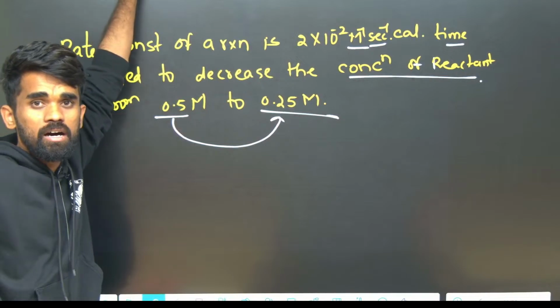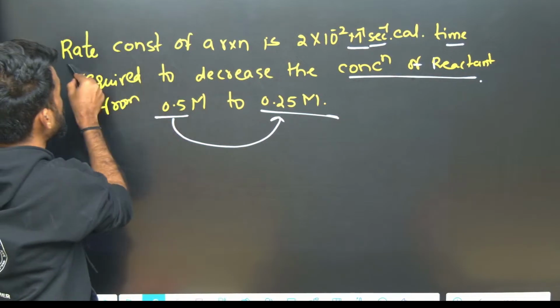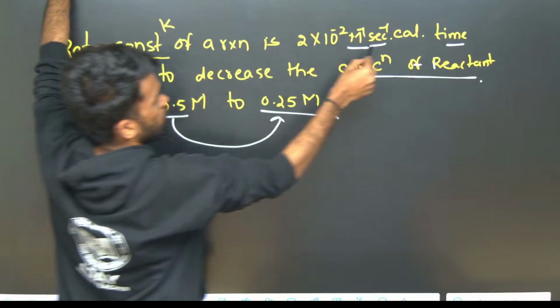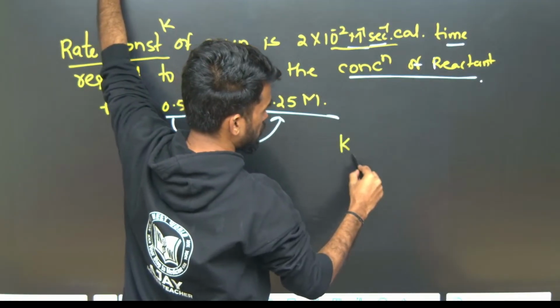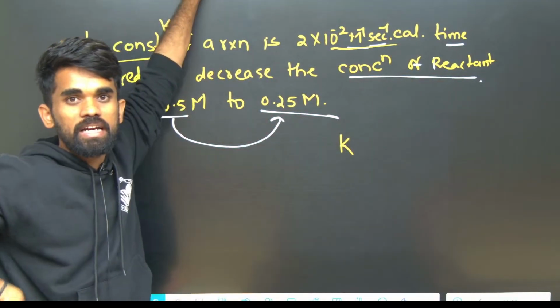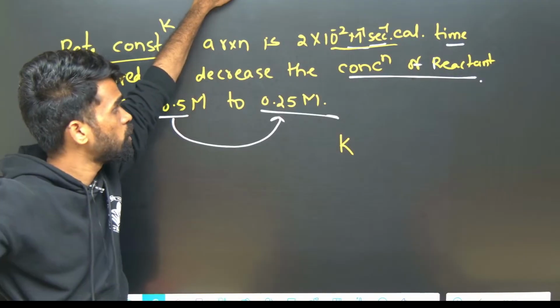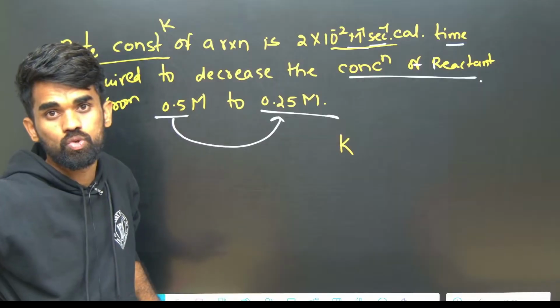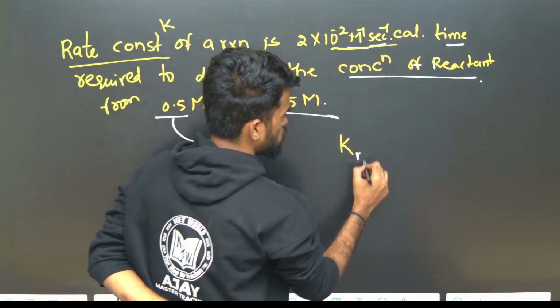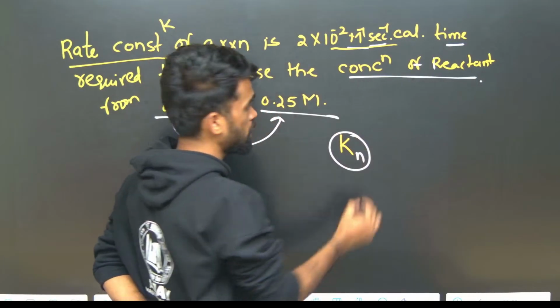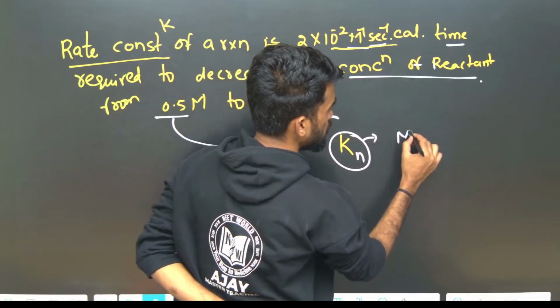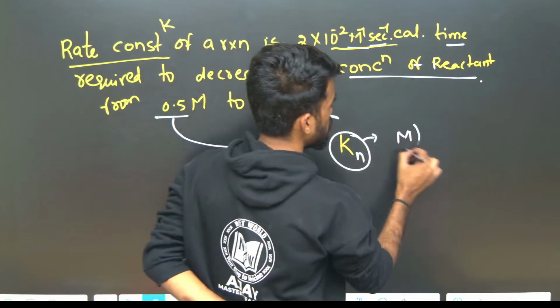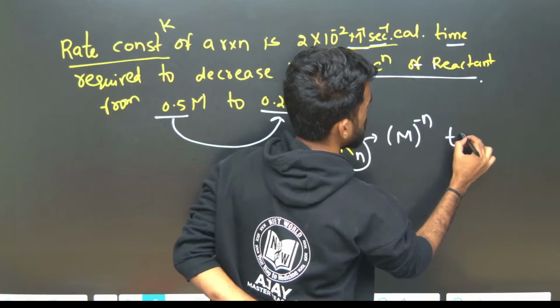First of all, identify which order reaction it is. They are saying the rate constant k is given with this. So whenever they give k, what are the units of the rate constant for an nth order reaction? You need to identify what order reaction it is so that you can easily answer this question. See, for an nth order reaction, the units of k will be molarity power 1 minus n and time inverse.